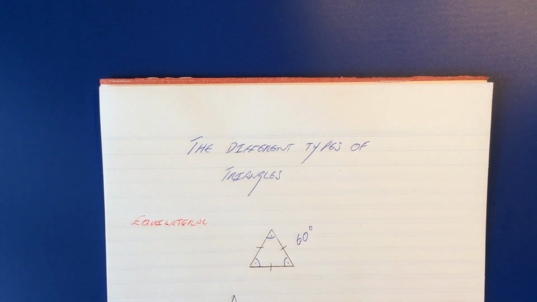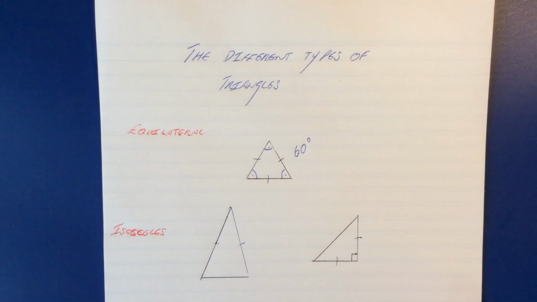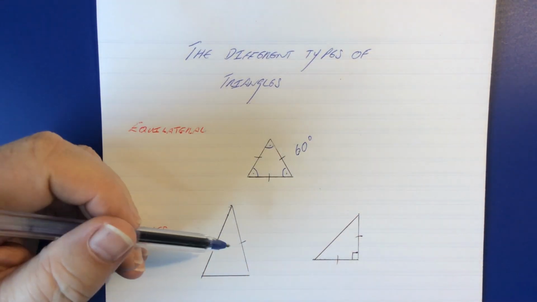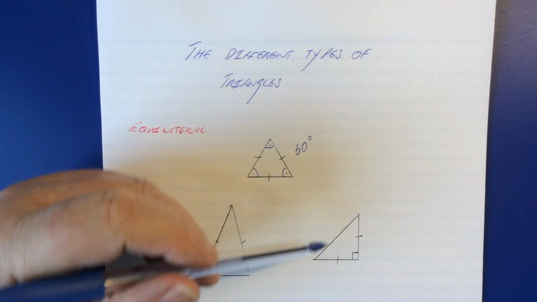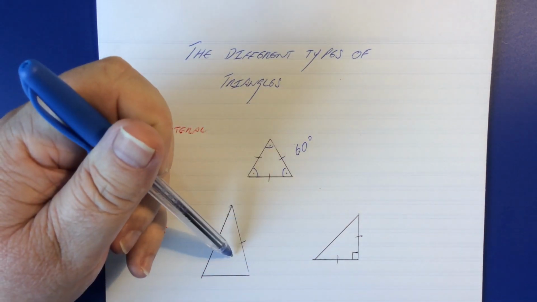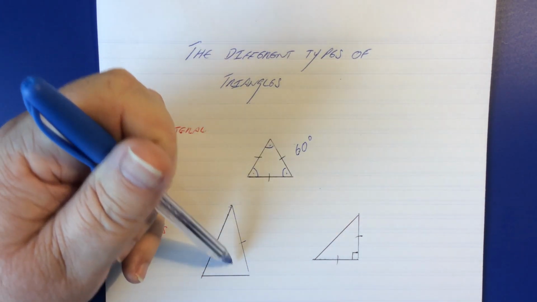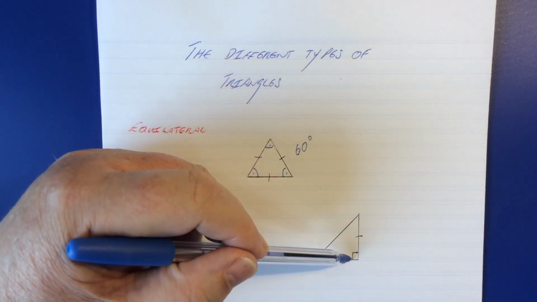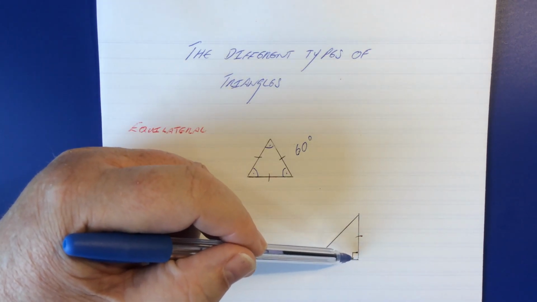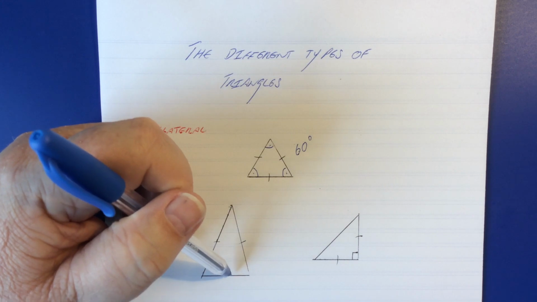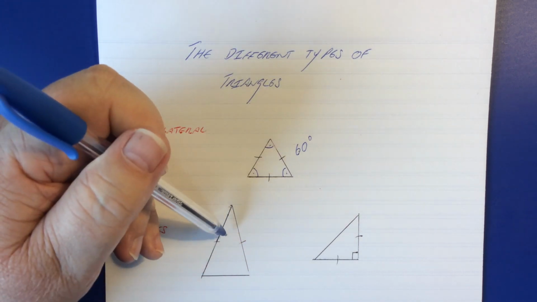The next triangle that we should talk about is an isosceles triangle, which is one of these things. Now I've drawn one with a 90-degree angle in here, and I've drawn one without a 90-degree angle.